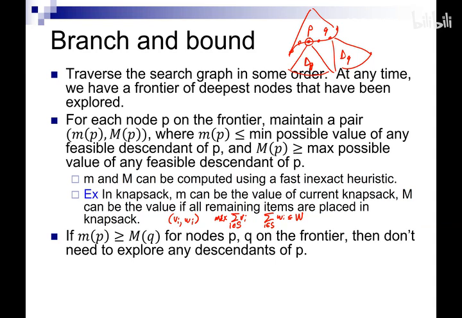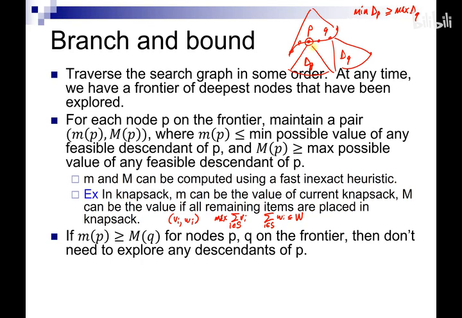Now if you have a situation where little m of P is larger than big M of Q, what does that mean? Little m of P is the minimum value among all of these descendants of P, and it is larger than the maximum value among all of these descendants of Q. Remember we're trying to minimize the objective.